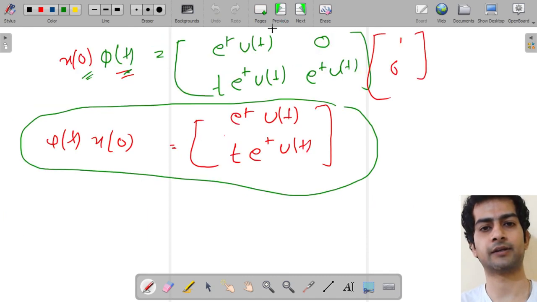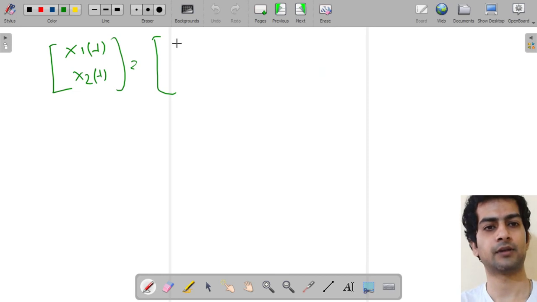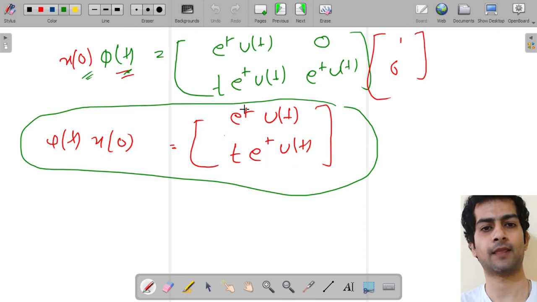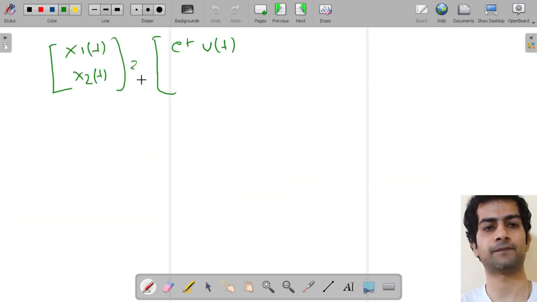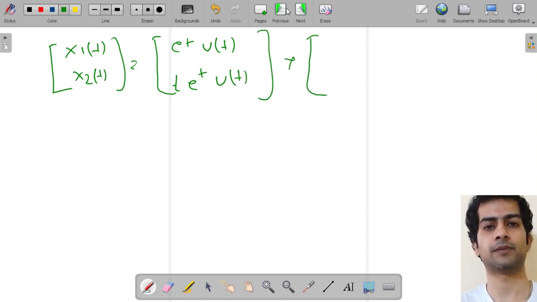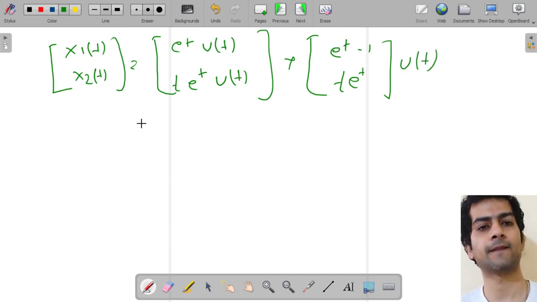This we can write like this: e^t u(t), t e^t u(t), plus take this (e^t - 1), t e^t. We will write u(t) here.